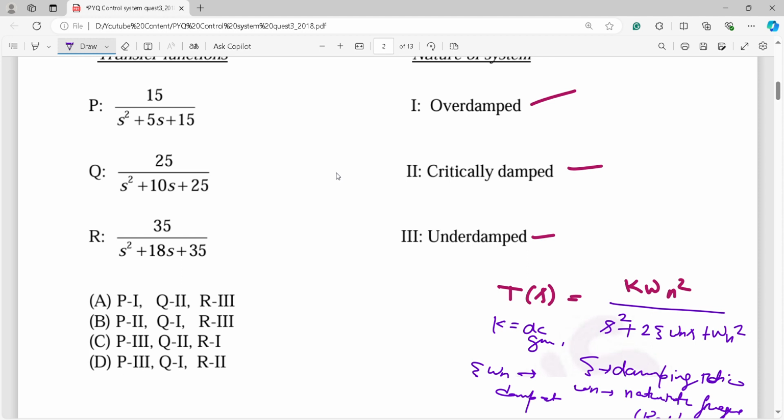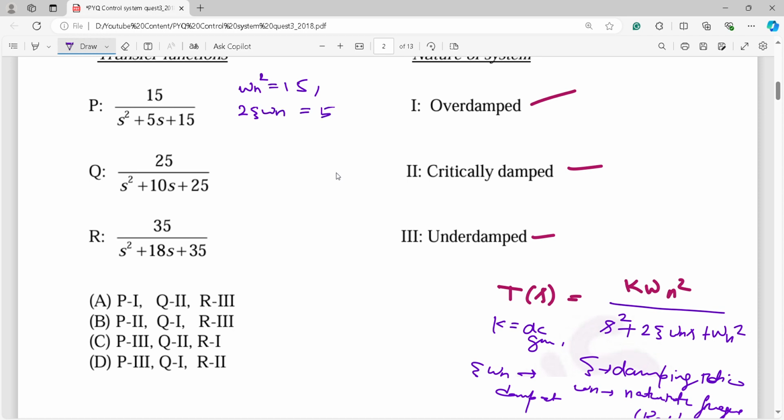If you find the DC gain, putting s equal to 0 gives 15 by 15, so k is equal to 1. Comparing, omega n square is equal to 15, and 2 zeta omega n equal to 5.